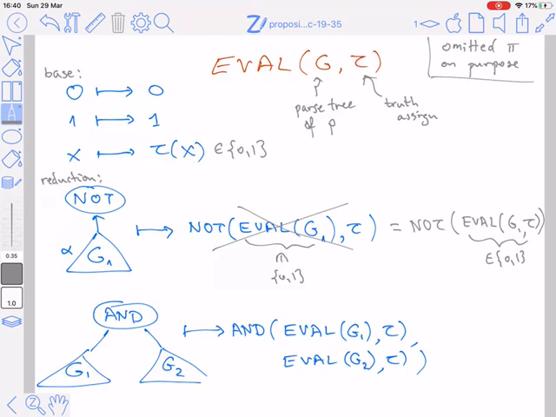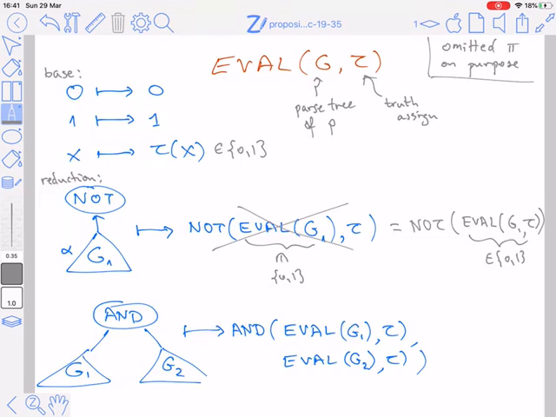Good. Now, what happens if our formula is the AND of two subformulas, the parse trees of which are G1 and G2? Then we apply the evaluation recursively on G1 and G2. We get eval on G1 with respect to tau.